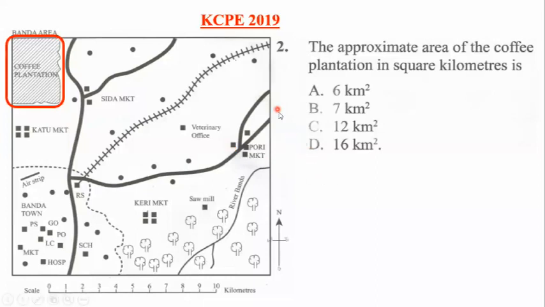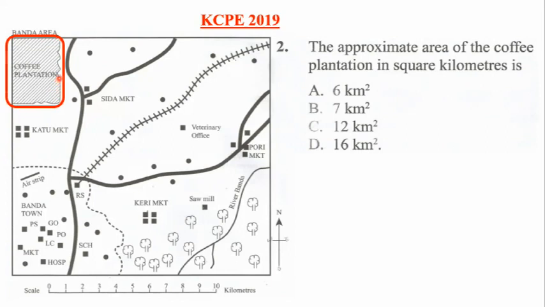KCPE 2019. The other one we had looked at was KCPE 2018. So in 2019, again, a question was set on the Banda area. The approximate area of the coffee plantation in square kilometers is, when you look at it, this one takes the shape of a rectangle. Rectangles are common, and the triangle. So you must have the knowledge of working out the area of a triangle and a rectangle.